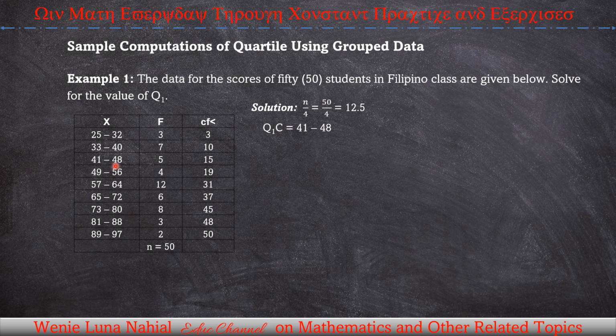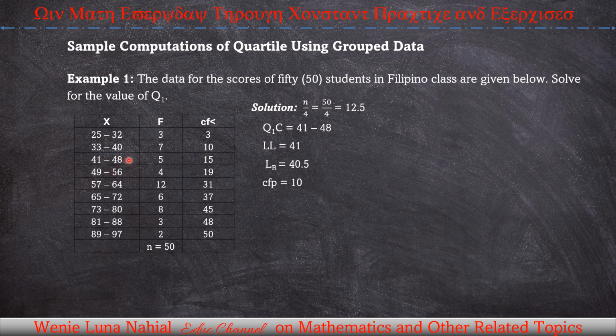That is because this is 12.5, that is less than 15. Then the lower limit is 41, so the lower boundary is 40.5. You have the lower limit, subtract that by 0.5, you get the lower boundary. Then the cumulative frequency before the quartile class is 10. 41 to 48 is your quartile class.